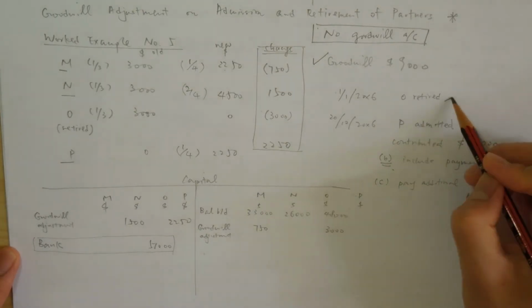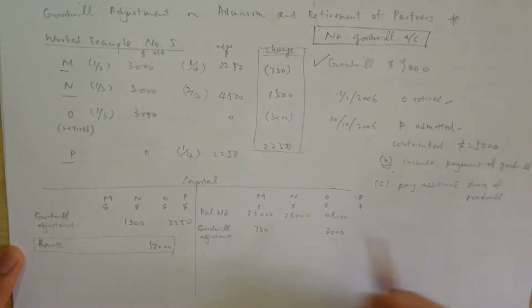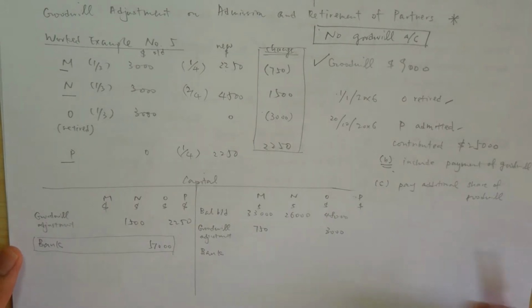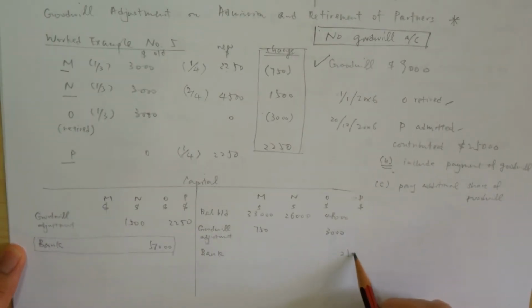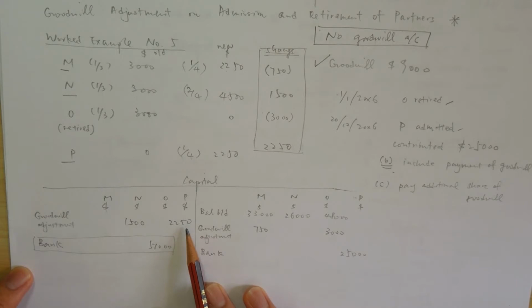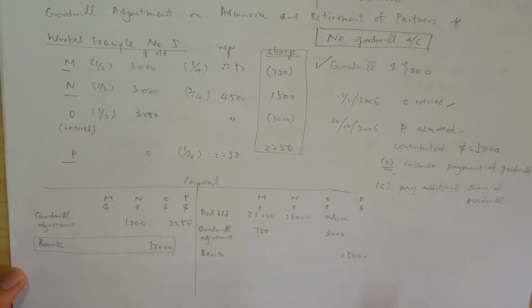Next, after O's retirement, we deal with P's admission. P will contribute 25,000. For situation B, because this 25,000 includes the goodwill share of P, he doesn't need to pay additional money.